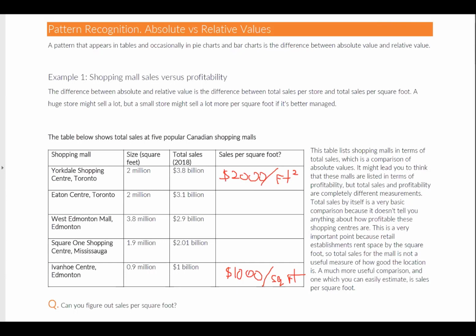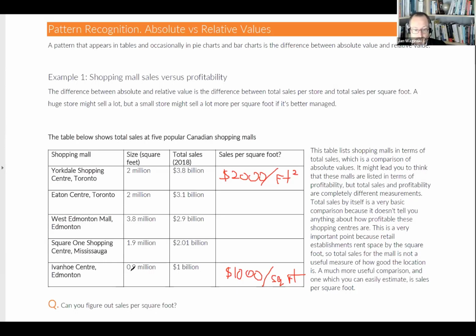How did you do that, John? 4 billion divided by 2 million equals 2,000. Okay, so you said like 1,000 millions equals 1 billion? Correct. There's 1,000 millions in a billion.